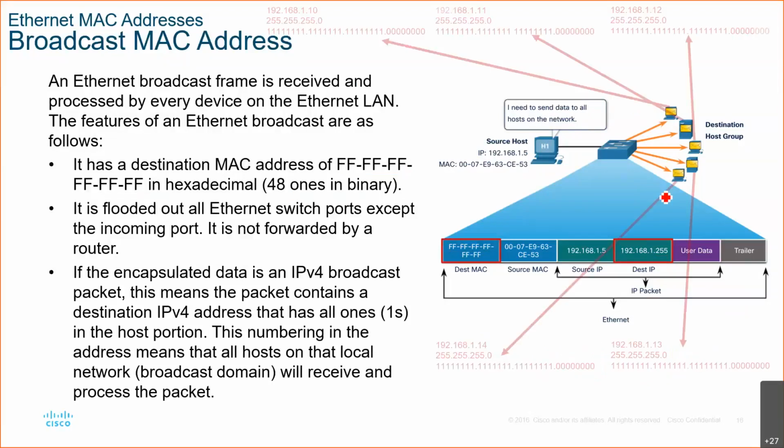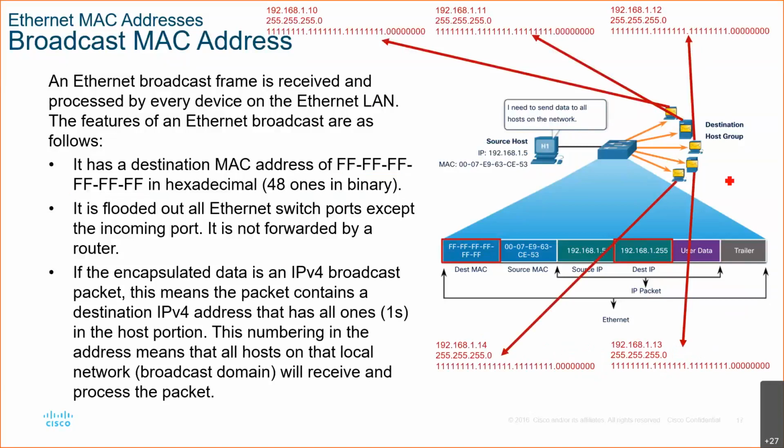So what does that mean? Look over here. It says, interestingly, if the encapsulated data is an IPv4 broadcast packet, this means the packet contains a destination IPv4 address that has all ones in the host portion. What does that mean?